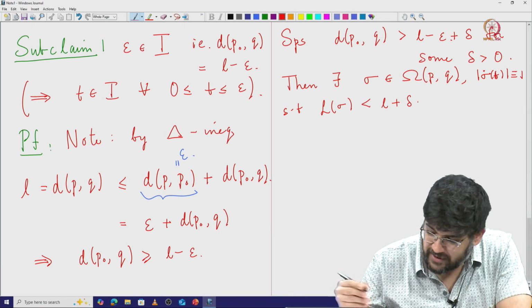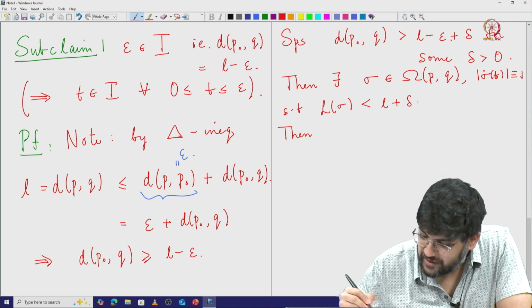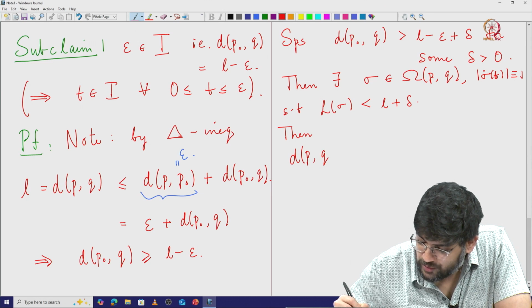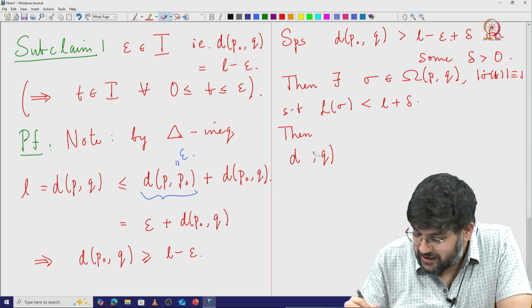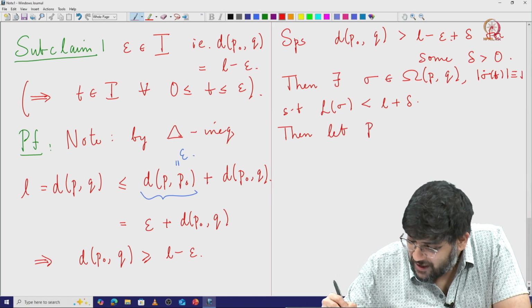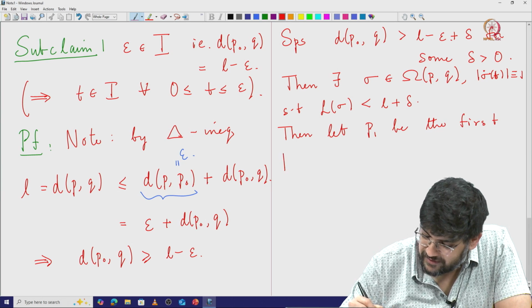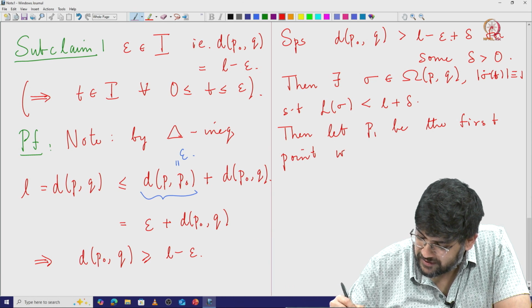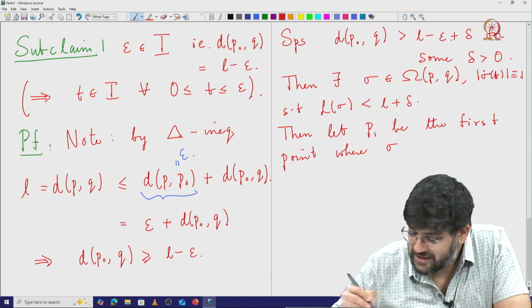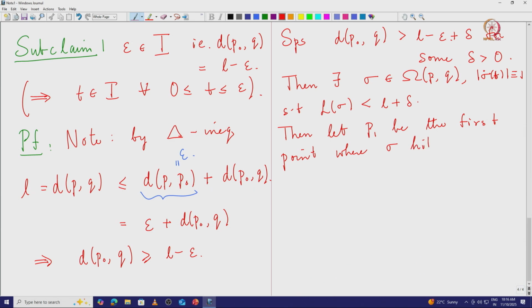So now, sorry, let us do the following. Let P1 be the first point where this curve sigma hits the boundary of this geodesic ball.